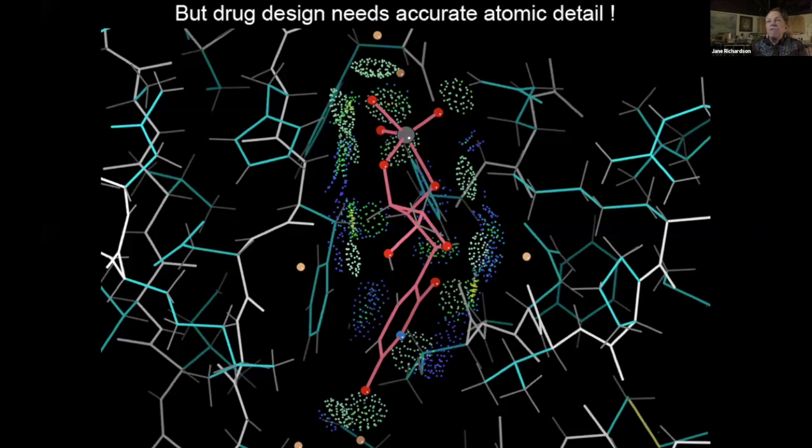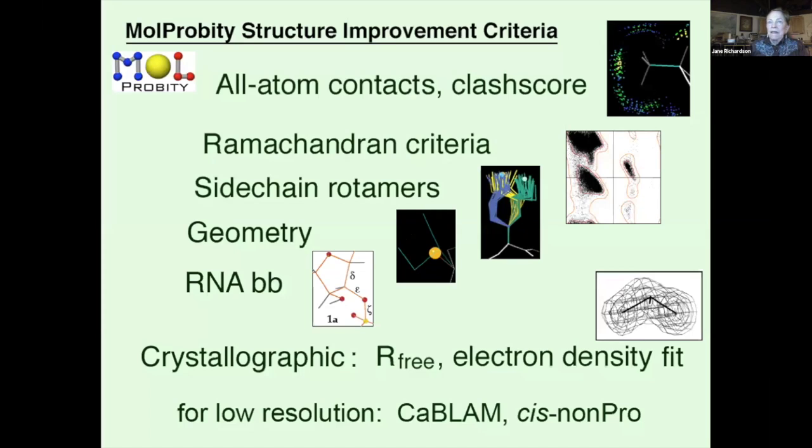But if you want to do certainly things like drug design, but even understanding the biology at an active site, you need much closer, more accurate local information. And so validation helps with that, particularly when it can show you how to correct problems.